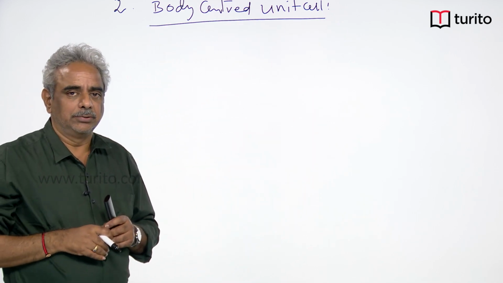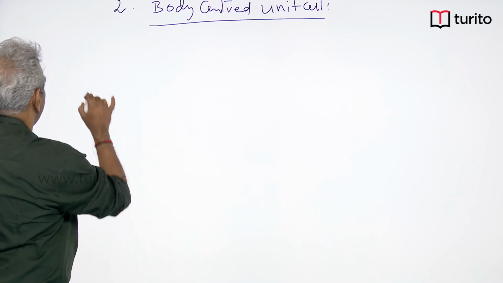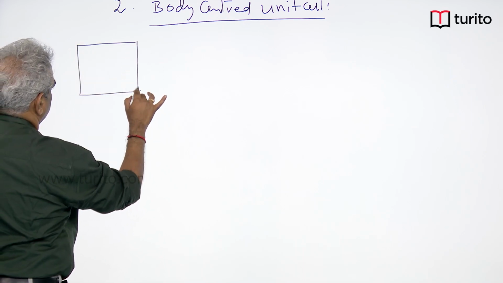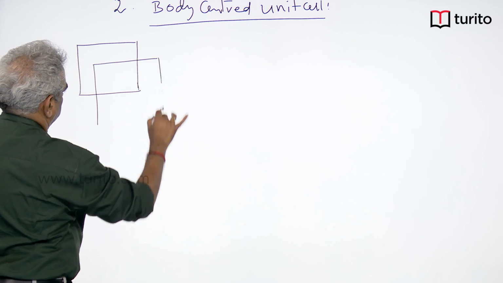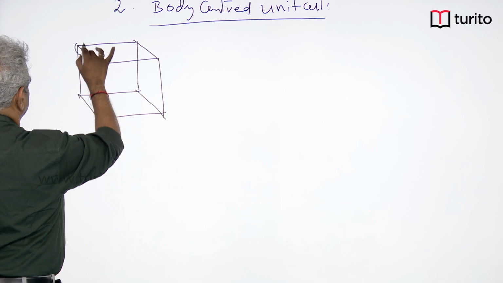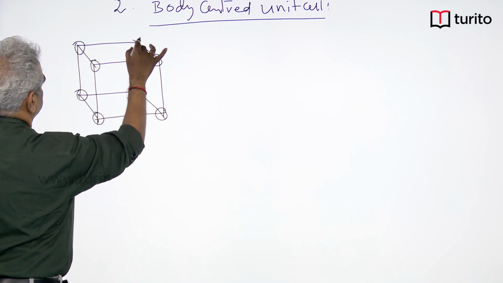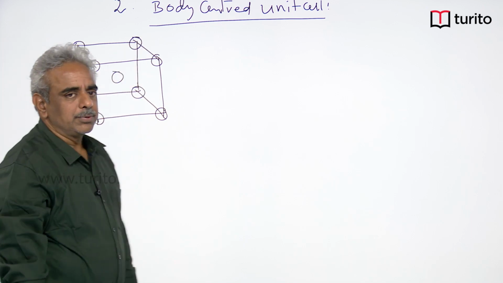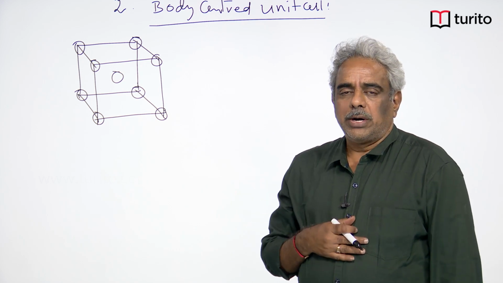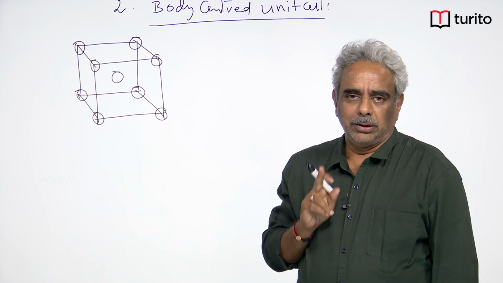Body centered unit cell. We have already defined what a body centered unit cell is. You have atoms on the corners and you have an atom in the body center position. Again let me repeat, this is only a blown up model.